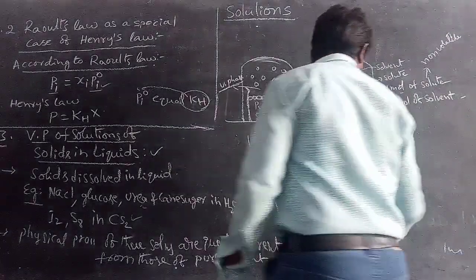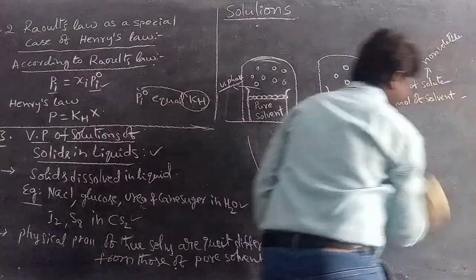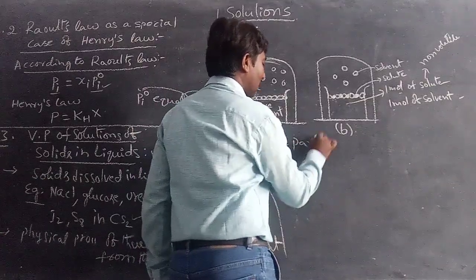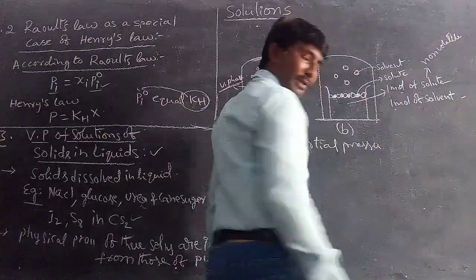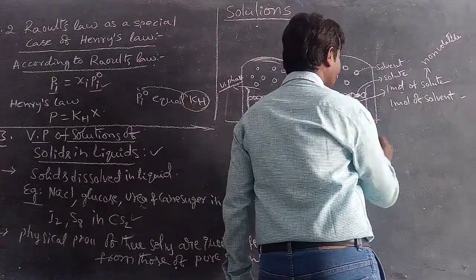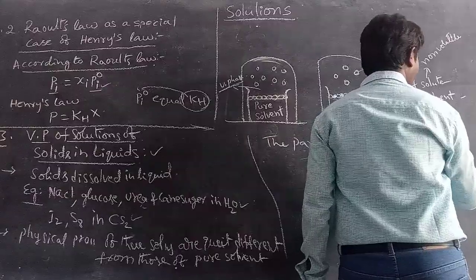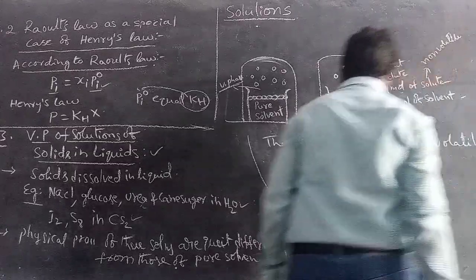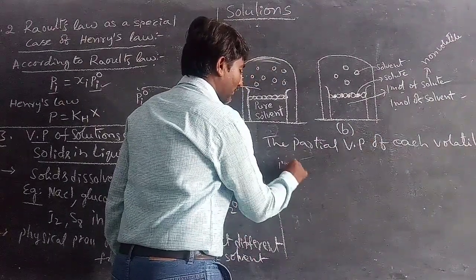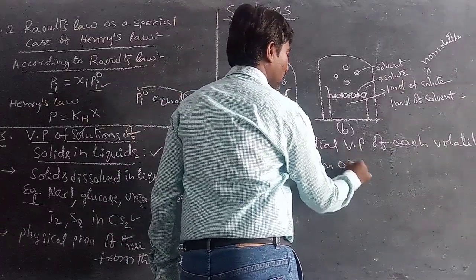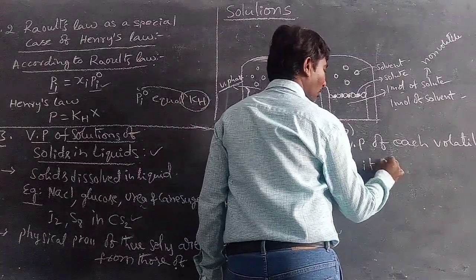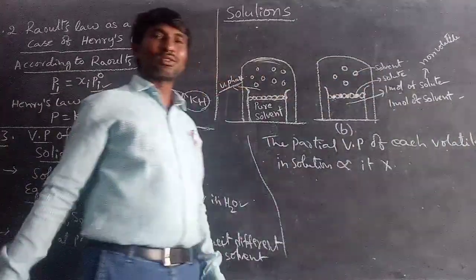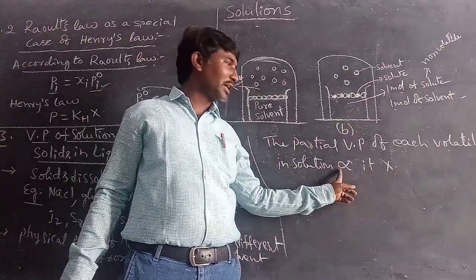So that's why, according to Raoult's law, in general for any solution, the partial vapor pressure of each volatile component in the solution is directly proportional to its mole fraction.